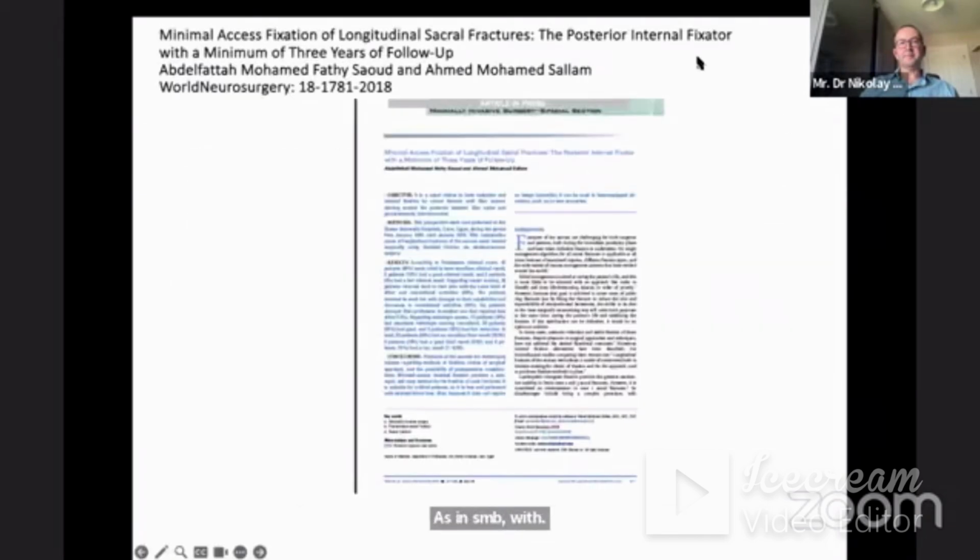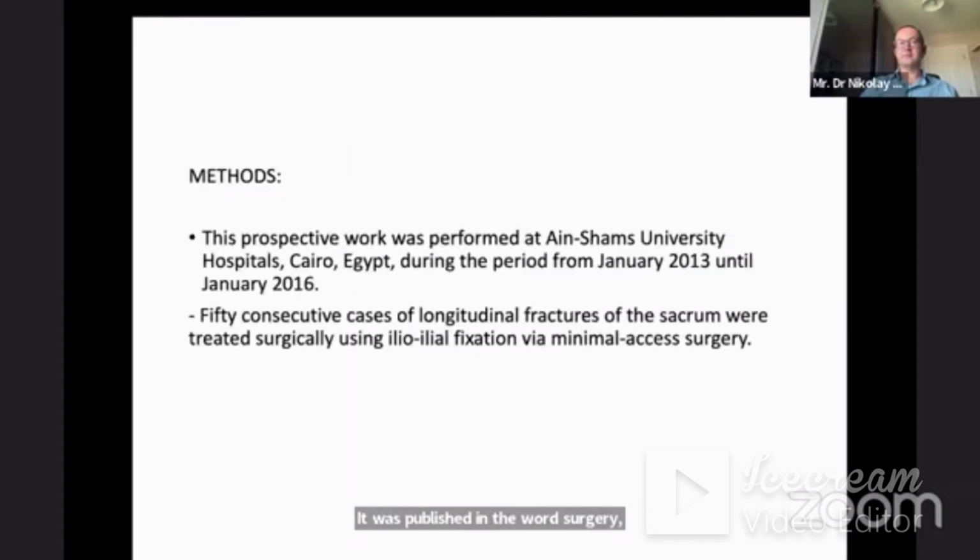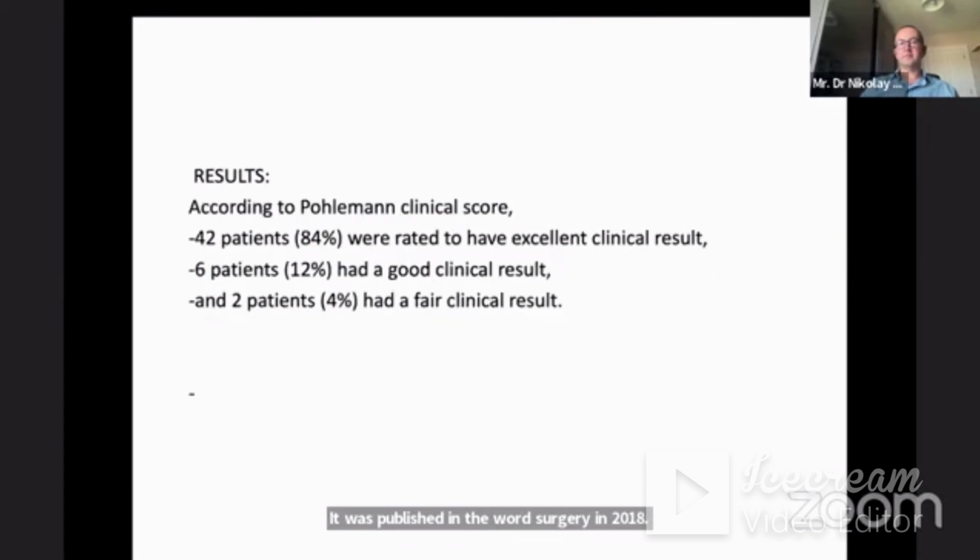These are our longer-term results, with a minimum of 3 years follow-up for this minimally invasive fixation of longitudinal sacral fractures. It was published in World Neurosurgery in 2018. It was a prospective study done at Ain Shams University on 50 patients. Using the Majeed clinical scoring, there were very, very good results, with no poor results at all.